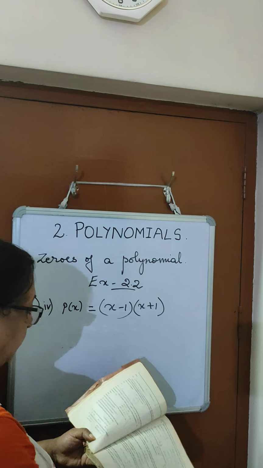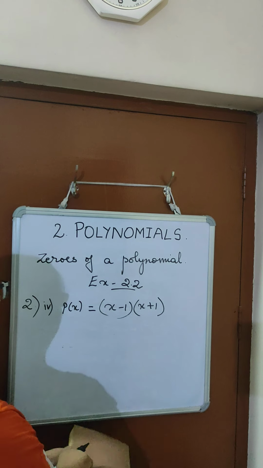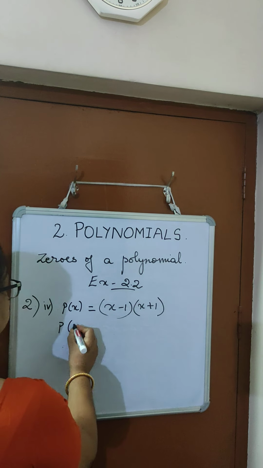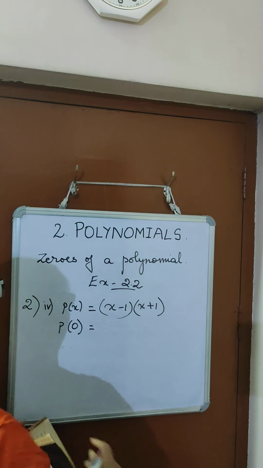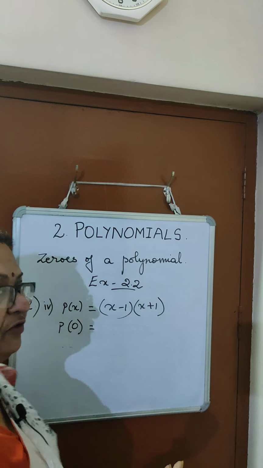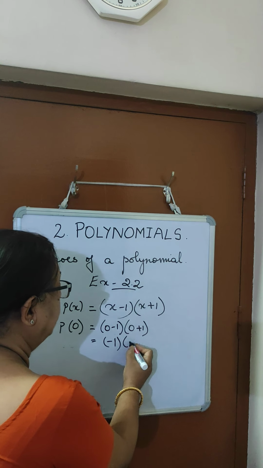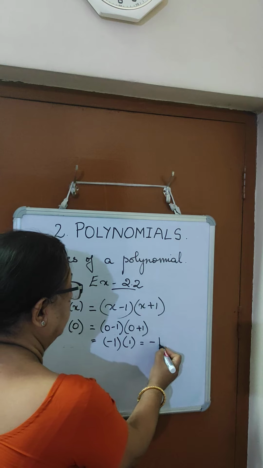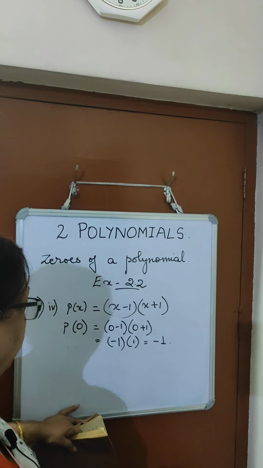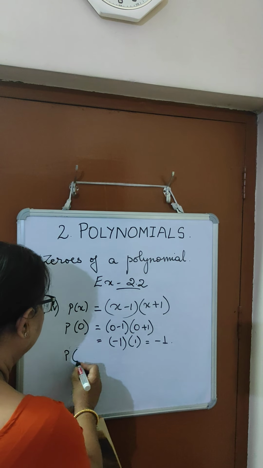You have to find p(0), p(1) and p(2). Come on, p(0). What we have to do is just put 0 in place of x. 0 minus 1, 0 plus 1. So, 0 minus 1 is minus 1 into 0 plus 1 is 1. It's minus 1.